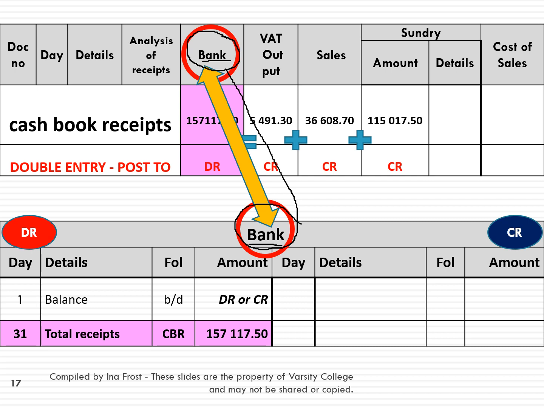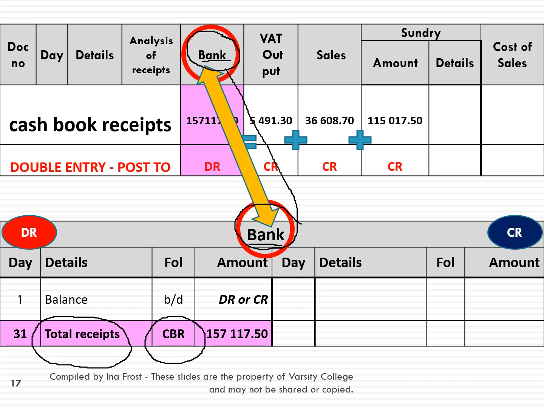Then the next thing is to make sure that you've got your details correct. And we're just calling the details here total receipts because this refers now to all the cash that we have received for this particular month. So it refers to the sales and the VAT and the capital and the loan. We just put in one word for it, or two words rather, and we just say it was our total receipts. Then the next thing you always have to write down is your folio.